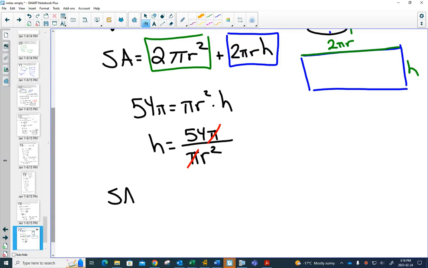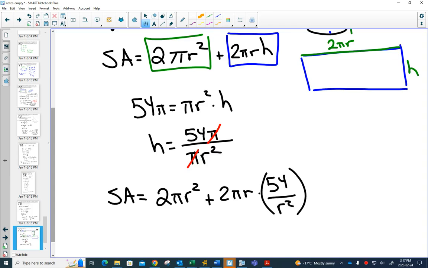And I can now take my surface area formula, 2 pi r squared plus 2 pi r h, and instead of h, I can substitute in 54 over r squared.